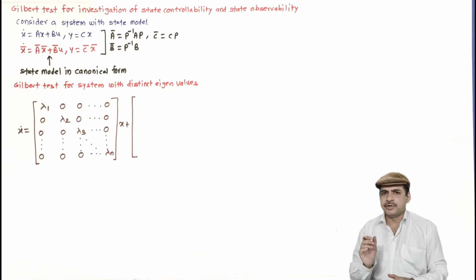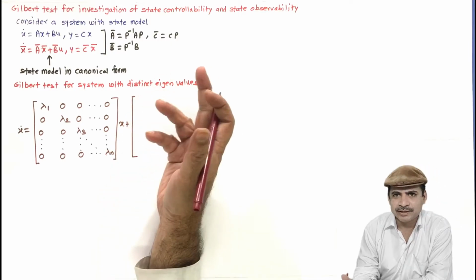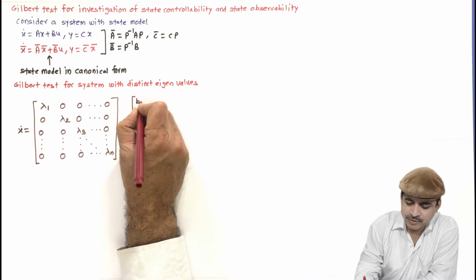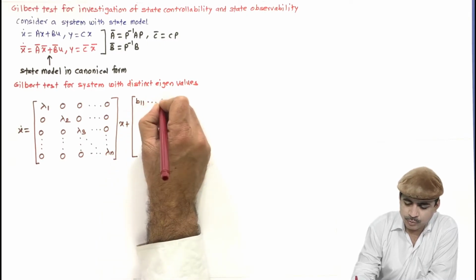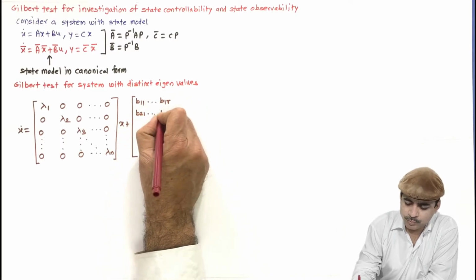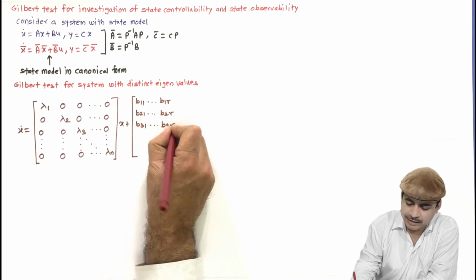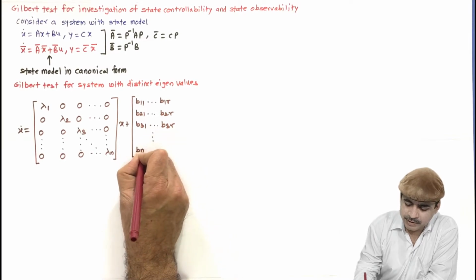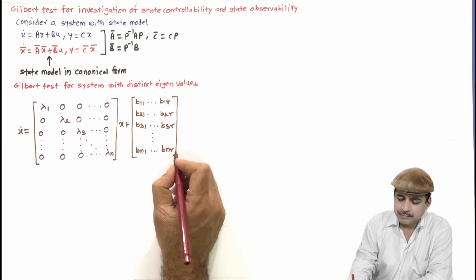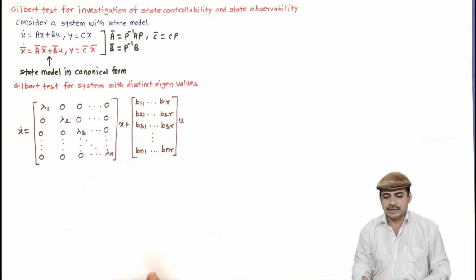We will not keep our scope limited to single input single output systems. We will consider a general system with r inputs. R can be 1 to get a single input single output system. So the B matrix will be B11 up to B1r, B21 up to B2r, B31 up to B3r, and this will be continued till Bn1 up to Bnr. So in the B matrix there are n rows and every row has r elements.